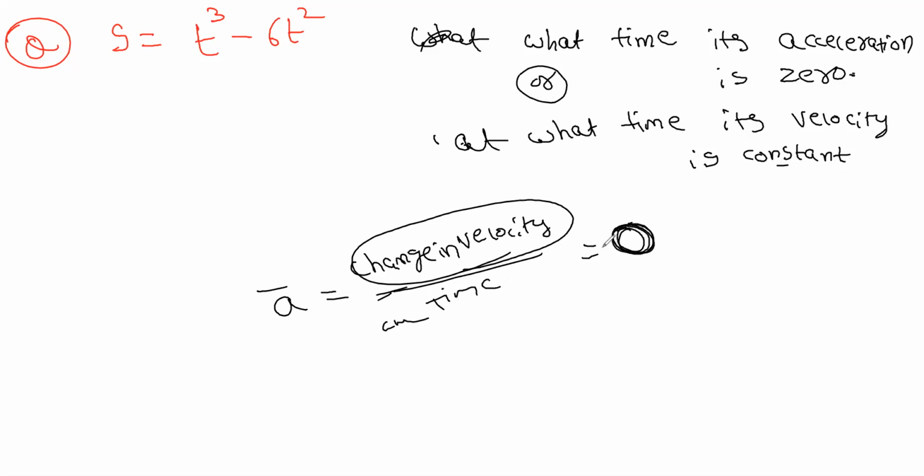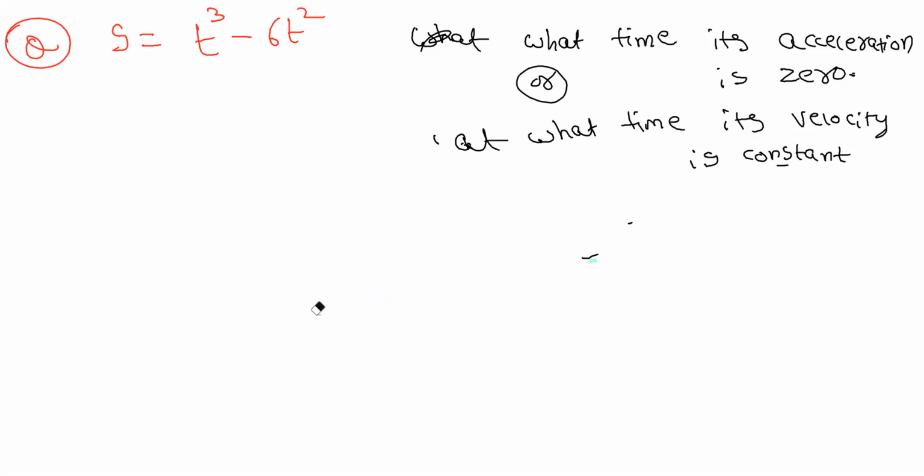The key concept to remember: when velocity is constant, acceleration is zero. You only get acceleration when velocity is changing. Instead of saying acceleration is zero, they can say velocity is constant, which indirectly means acceleration is zero.